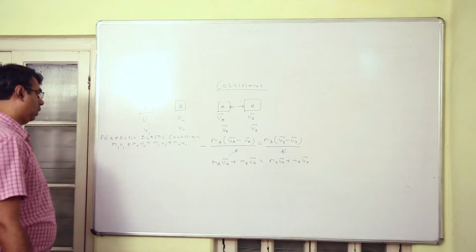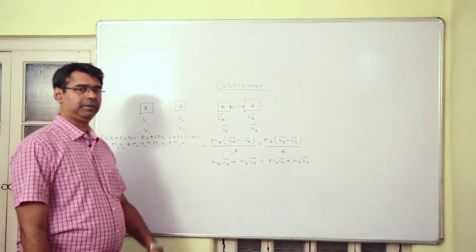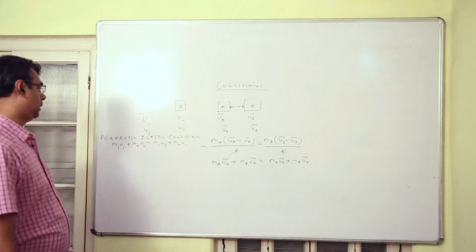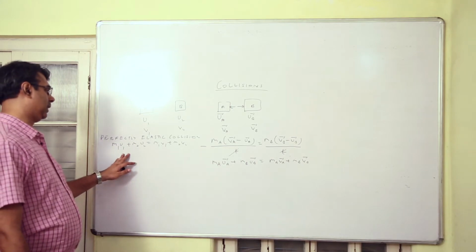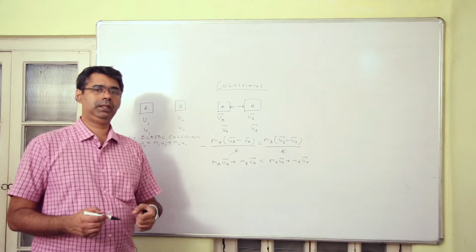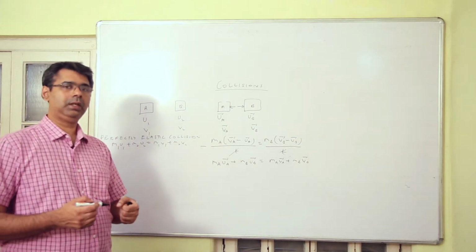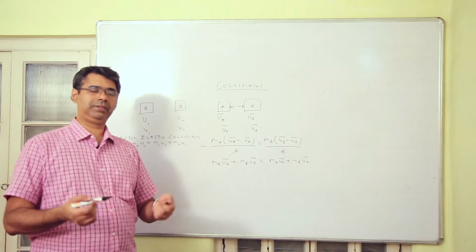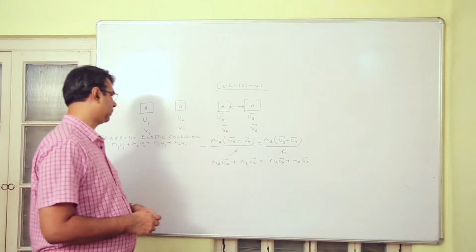So what exactly is a perfectly elastic collision? It is a special kind of collision in which the two bodies undergo temporary elastic deformation, which is completely restored after the collision is over.